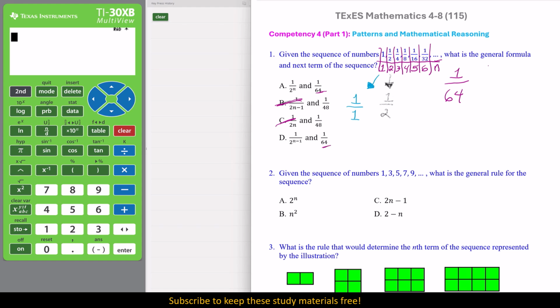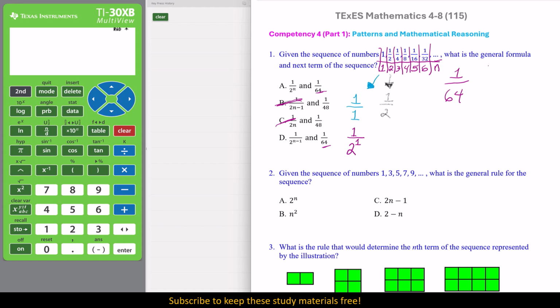Let's look at the denominator that A has, okay? They say 2 to the n. Well, what will that give us? Okay. So that would give us for the second position. Well, no. Let's not even look at that. Let's look at the first position. If we use 2 to the n, we would have 1 over 2 to the first.